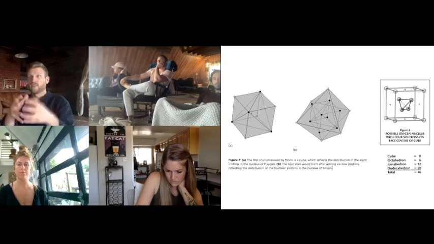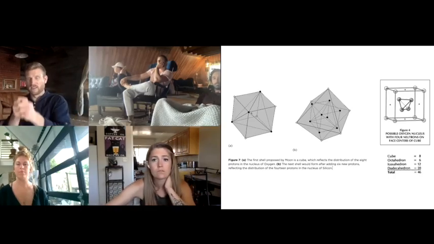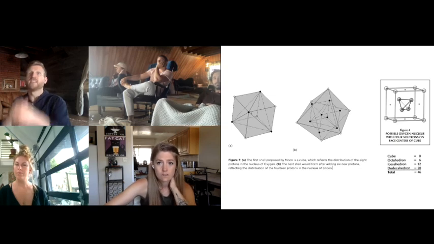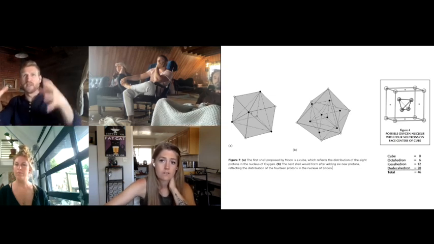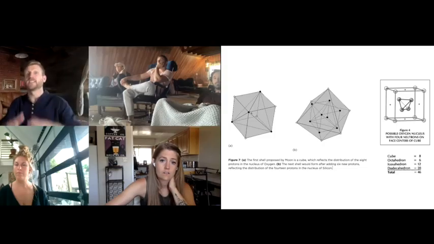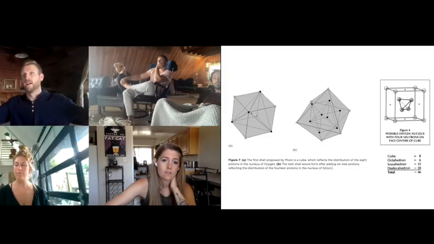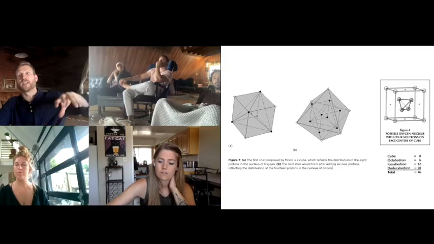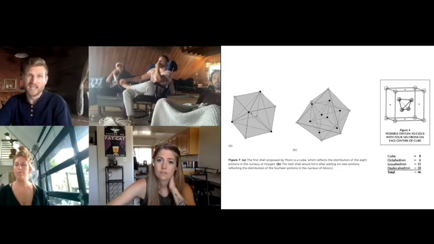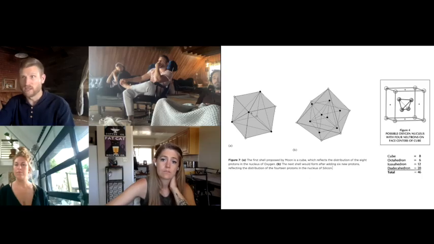There are these different organizations where one shell has a certain number, and then the next one out can hold a certain number of, I think valence shells talk about electrons, but same principle. It's these concentric layers of charges. So there's this deep alignment with what we already know in chemistry, but to organize it using the Platonic solids as the key is something that Moon brought forth, which has never been looked at before, and is actually revolutionary.